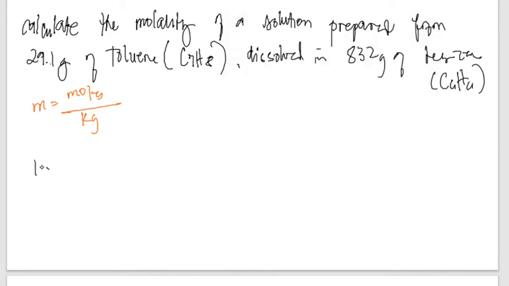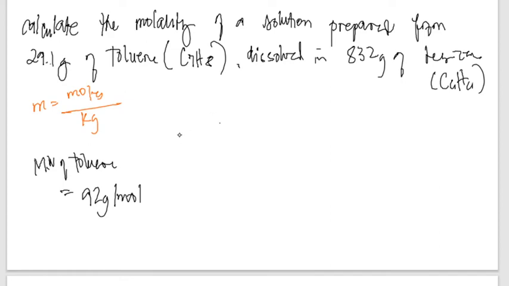So, the molecular weight of toluene is equals to 92 grams per mole.